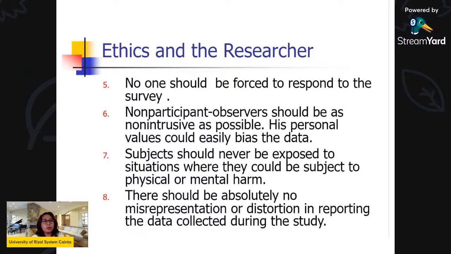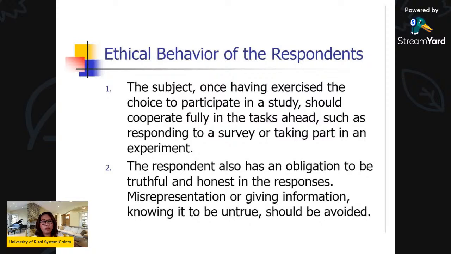Pangwalo, there's absolutely no misrepresentation or distortion in reporting the data collected during the study. Meaning, walang misinterpretation, walang maling conclusion at na ma-identify doon kasi ginawa niyo yung survey at nagpasagot kayo sa respondent. Ethical behavior of respondents also informs us that the subject, o kung sino yung project niyo mismo, once having exercised the choice to participate in a study, should cooperate fully in the task ahead.